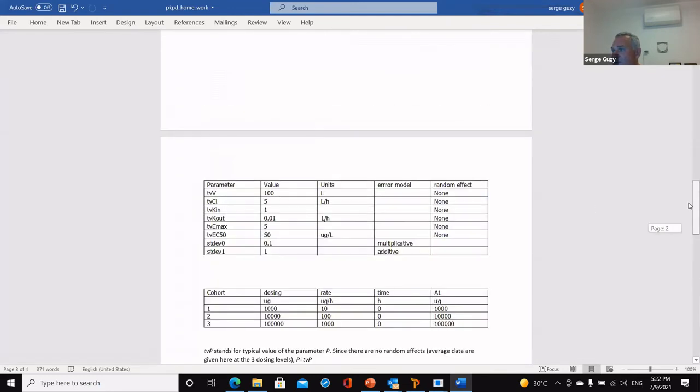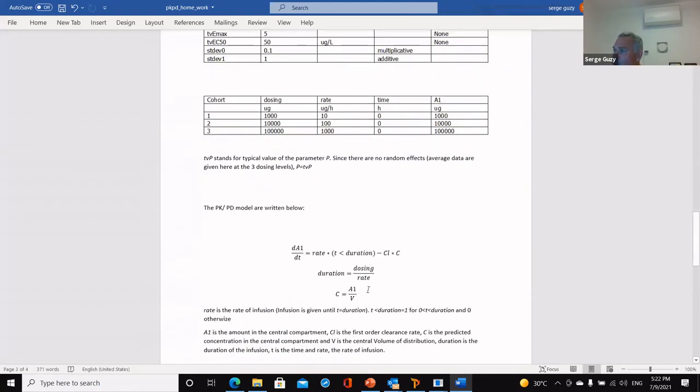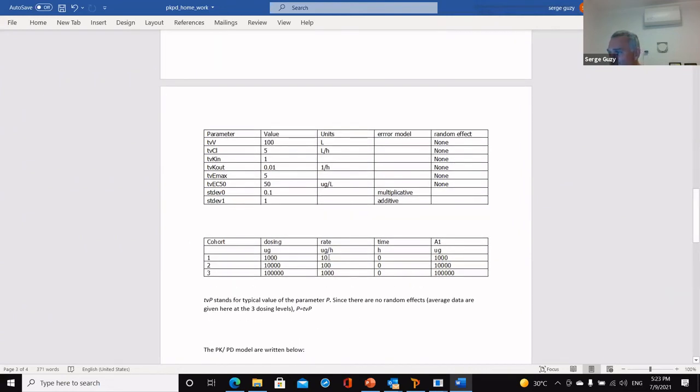And again, I gave you the rate for the 3 cases. Multiplied by t less than the duration. When I multiply by t less than duration, what I mean is that as long as the time is less than the duration of the infusion, and again, you can know the duration of the infusion because you know the rate and you know the dose.